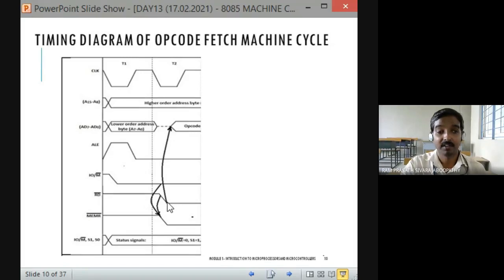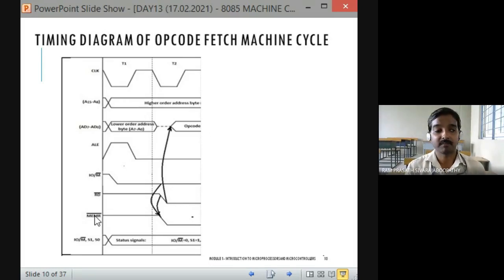in the middle of the T2 state, the read signal is getting enabled. At that time, the memory read signal is also getting enabled. That means IO/M bar and RD bar together generate the memory read signal. You can refer to the timing and control unit topic.